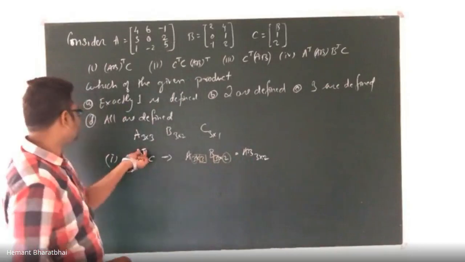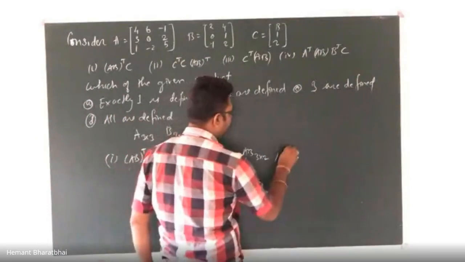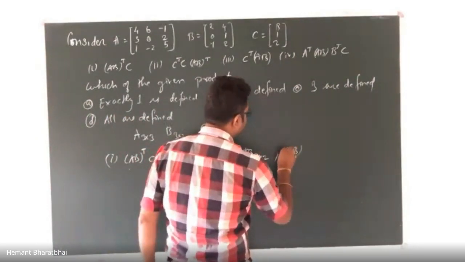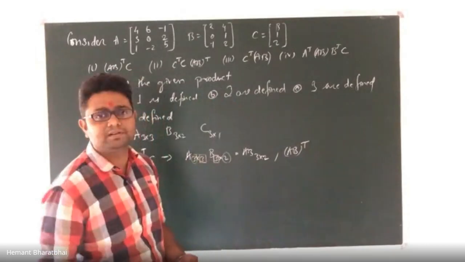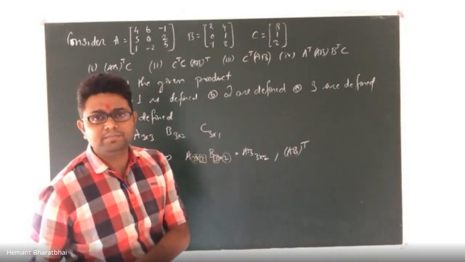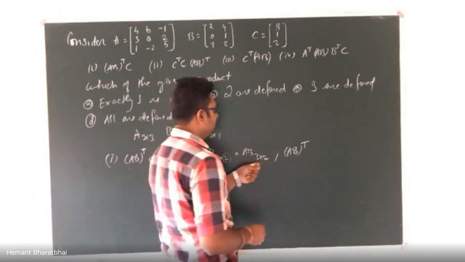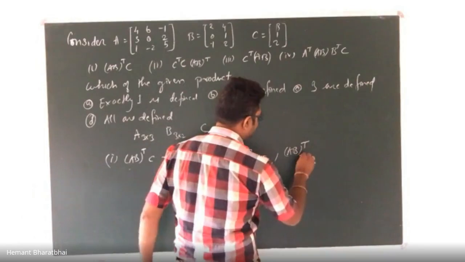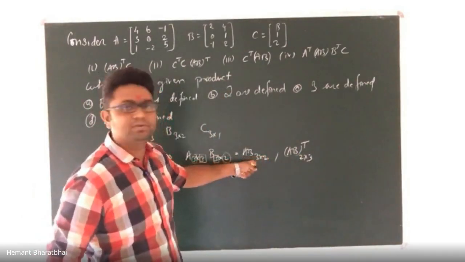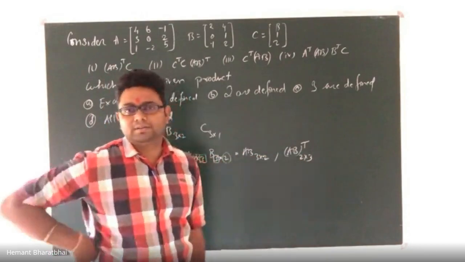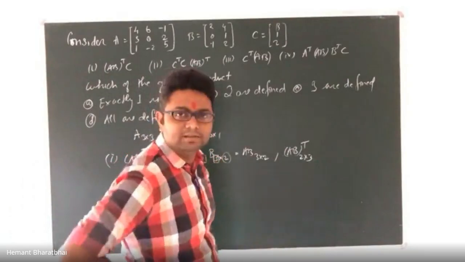Then we have AB transpose. When you transpose, rows are written as columns and columns as rows. So the order of the matrix (AB) transpose will be 2 by 3.